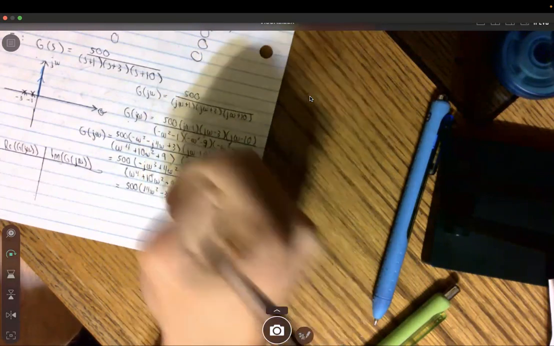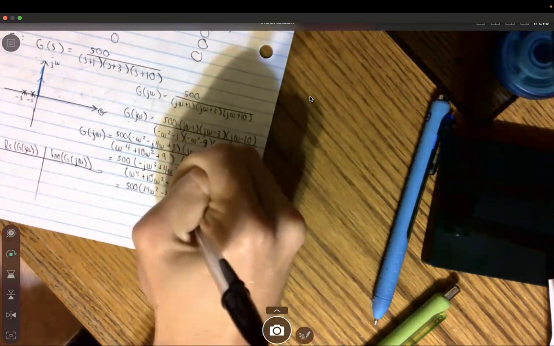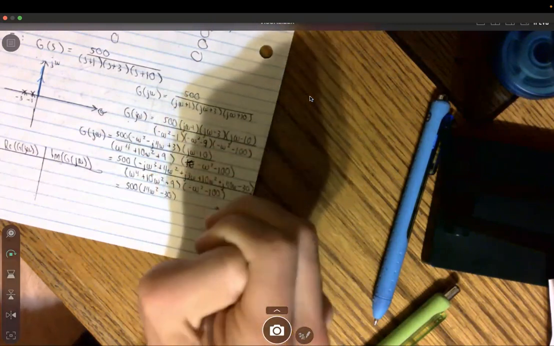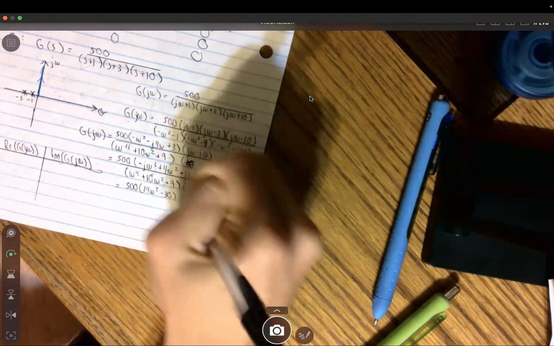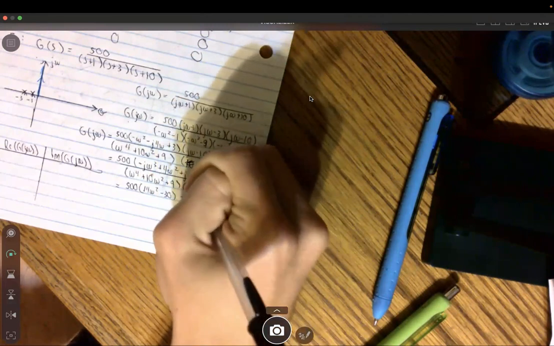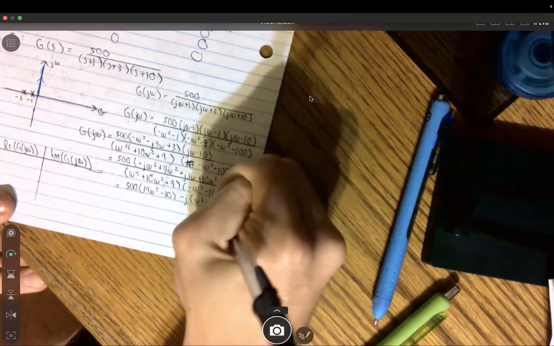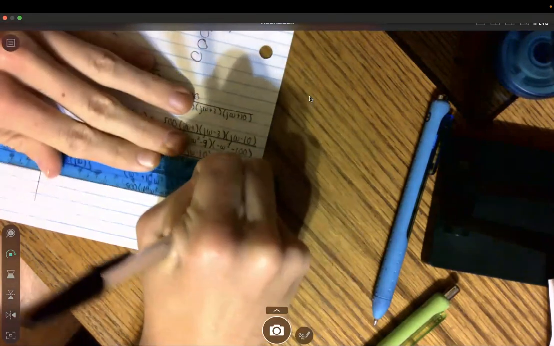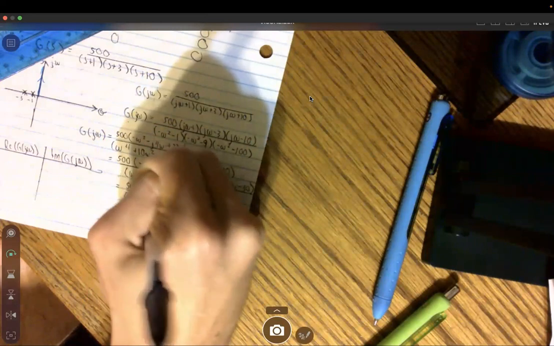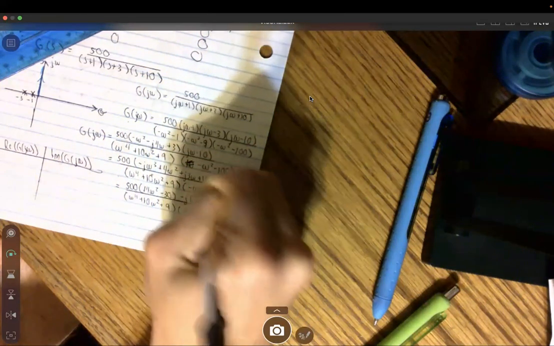And then for the imaginary part, we're going to have minus j, and then it's going to be ω cubed, and then 3ω and then plus 43ω all over. And then it's going to be ω to the power of 4 plus 10ω squared plus 9, and then minus ω squared minus 100.